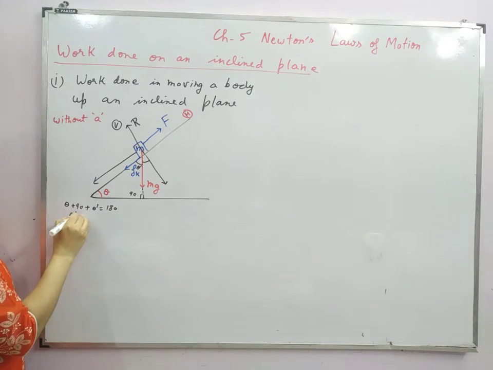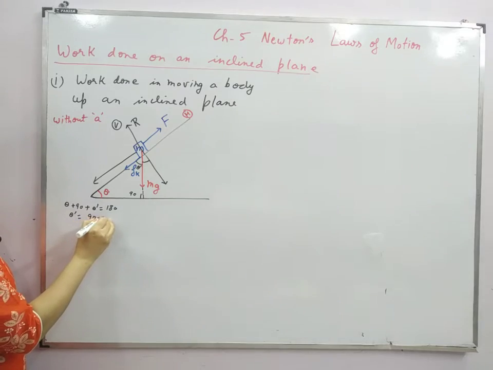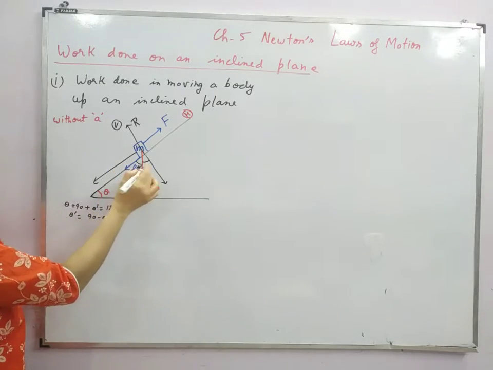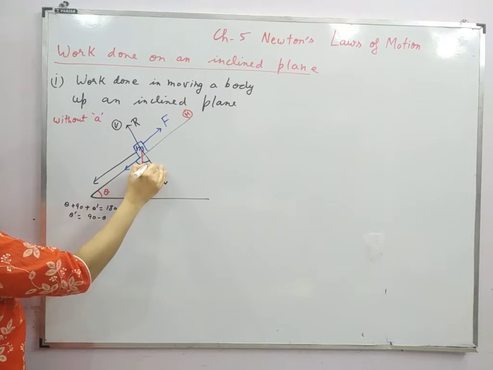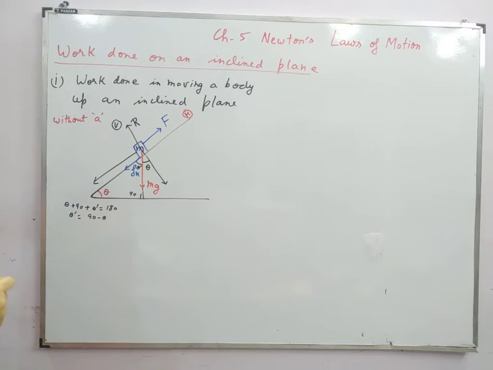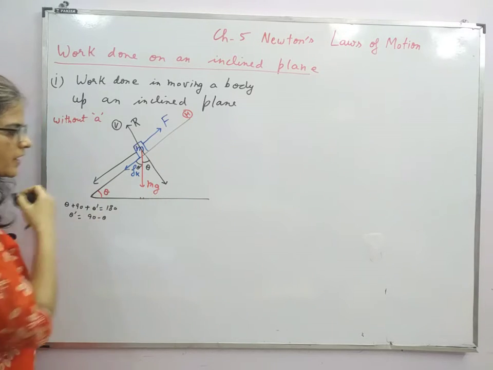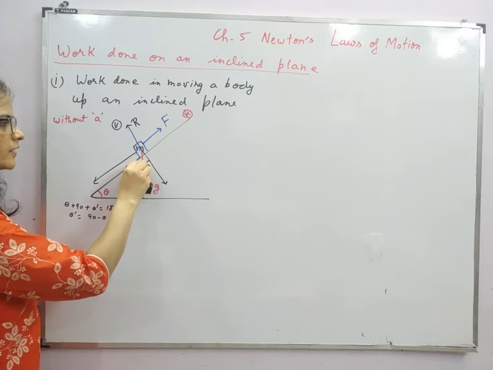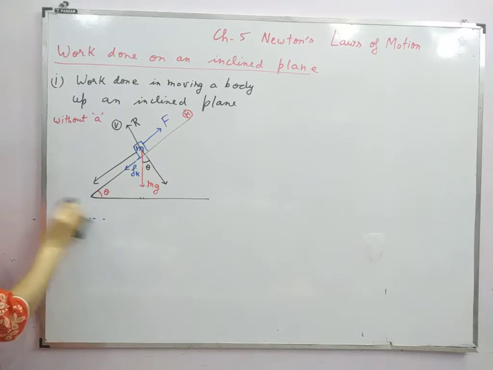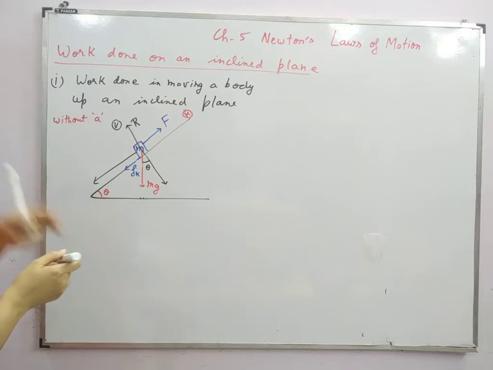So theta dash will be 90 minus theta. If this is 90 minus theta, obviously this angle will be theta, right? Since the diagram is messed up with this calculation, I'll just rub this part. This was for the explanation, so I can move forward with the diagram now.